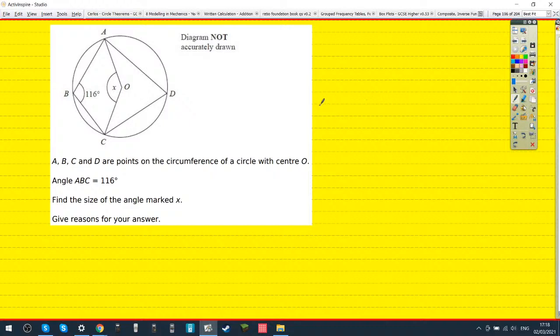Okay, let's try this. Find out angle X. So B is 116.